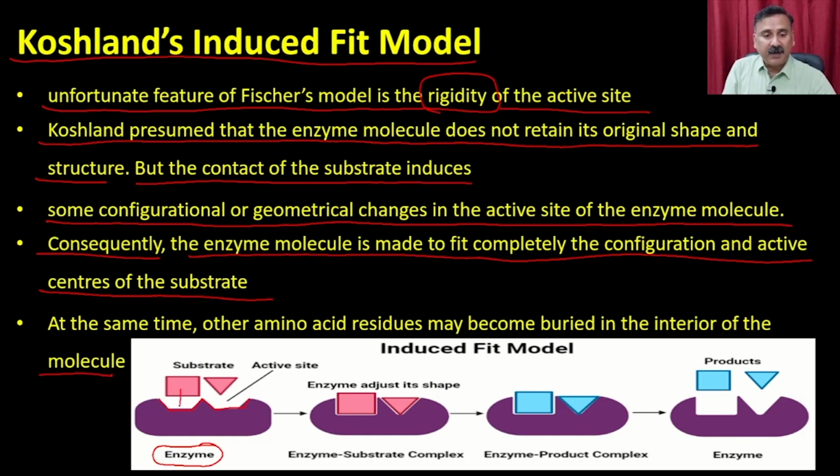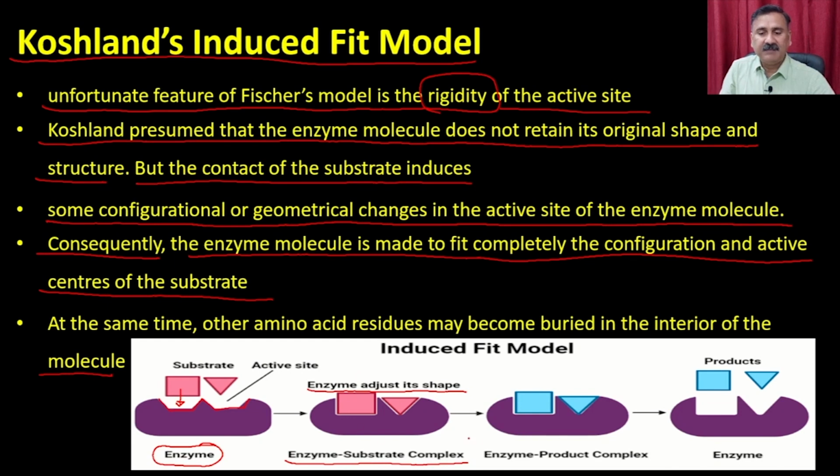So when the substrate approaches the enzyme, it induces conformational as well as configurational changes in the enzyme, which means it is also asking the enzyme to change its side chains, and that's how the enzyme adjusts its shape and forms the enzyme-substrate complex.